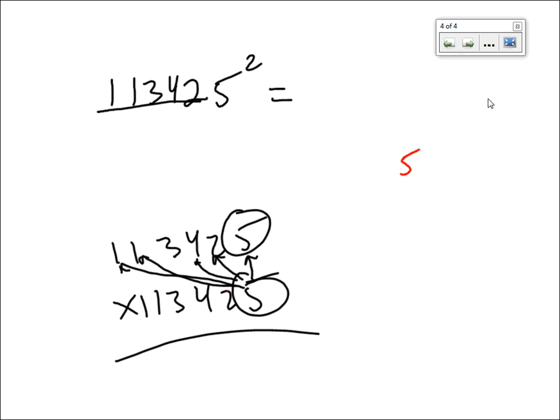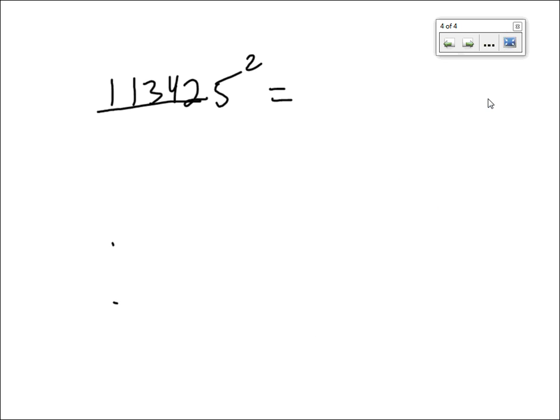Then you're going to have to multiply the 2 by the 5, the 4 by the 5, the 3 by the 5, the 1 by the 5, and the 1 by the 5. That's another 5. So you're going to have 10 extra steps to do. And you have this timed exam.